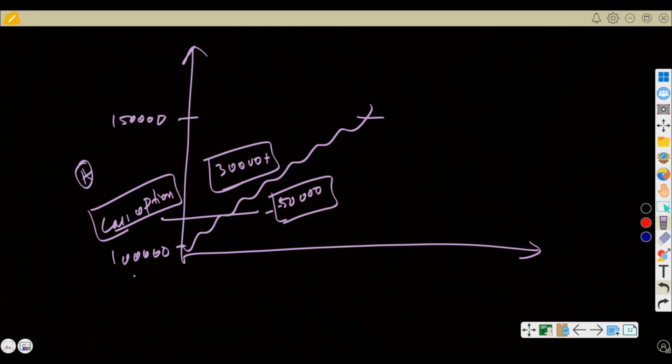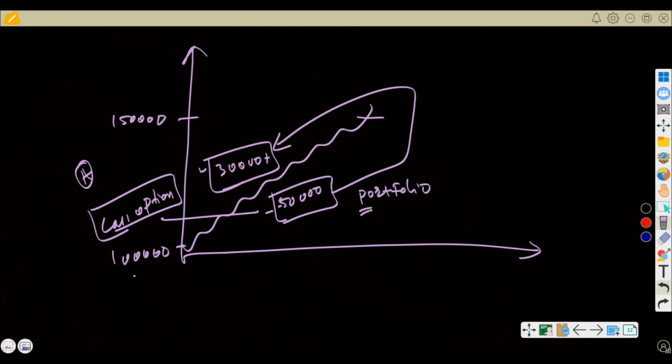So now see the difference. He has a profit of 30,000 from the call option, and he or she has a loss of 50,000 with the portfolio A. So that particular investor tried a lot to mitigate the risk.